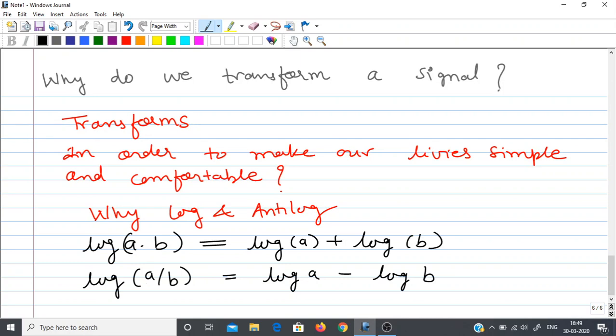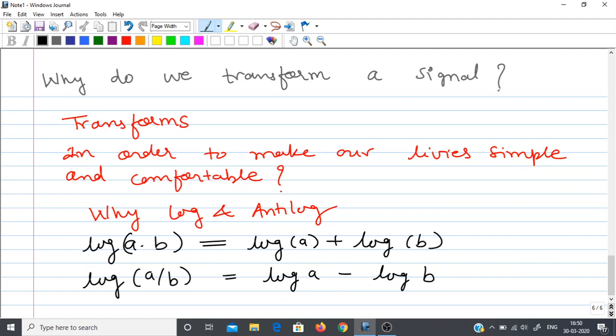So why do we take logs? The log has converted the operation of multiplication into the operation of addition, and the operation of division into the operation of subtraction.